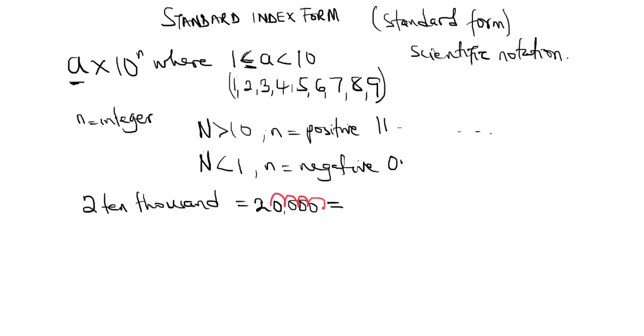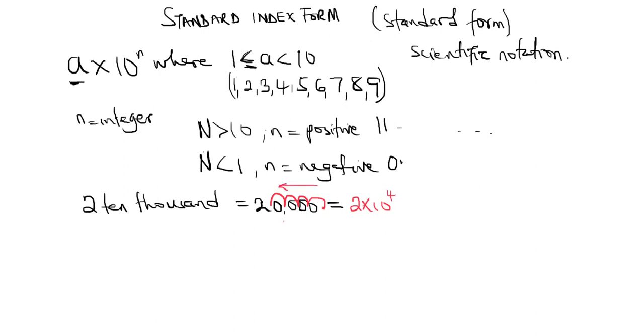Then our answer is going to be 2 times 10 raised to power 4. You can see that because you have a number greater than 10, 20,000 is far greater than 10, so it's going to be positive. And once you introduce your decimal point, you have moved in the left direction.